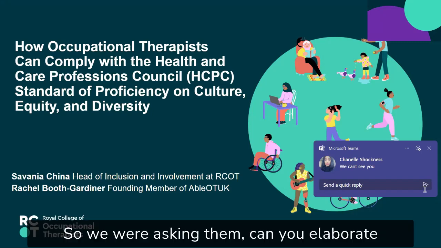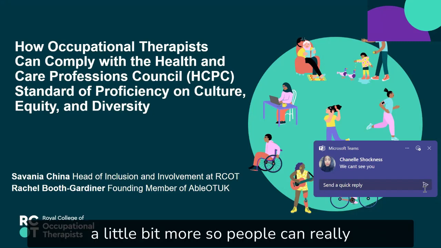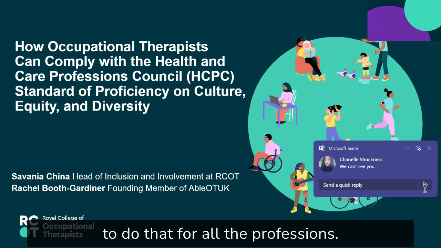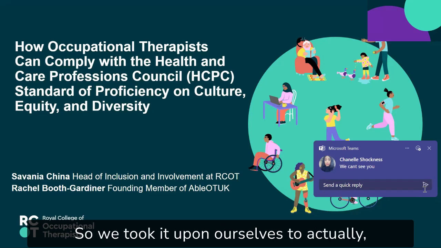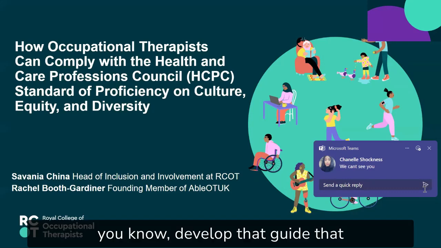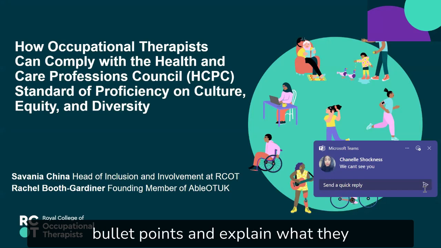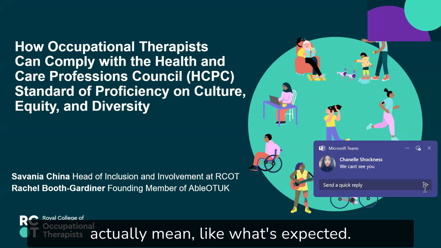So we were asking them, can you elaborate a little bit more so people can really understand what this means in practice? And they said they were not going to do that for all the professions. So we took it upon ourselves to develop a guide that goes into those 7 bullet points and explains what they actually mean, like what's expected.